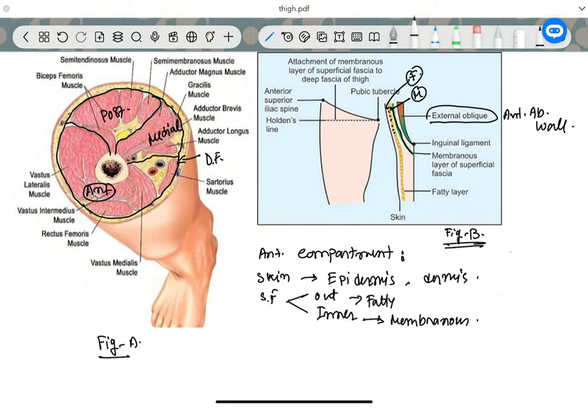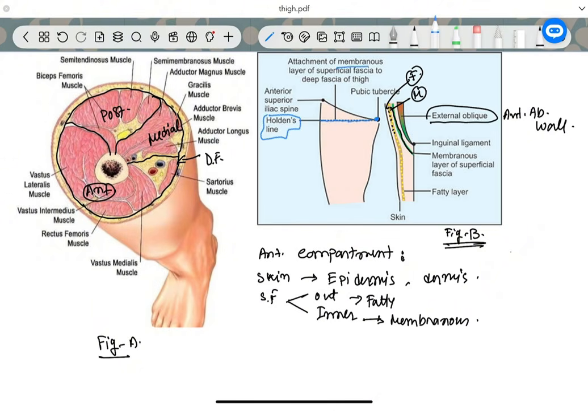Now this line of fusion of the membranous layer of the superficial fascia to the fascia lata in front of the thigh corresponds to a flexion crease which extends from the pubic tubercle. You see this is the pubic tubercle. If we draw a line transversely, moving laterally, this is the line of fusion. So what is the name of this line? The name of this line is Holden's line.